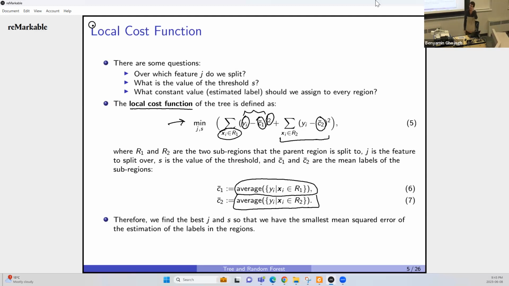For a feature J, I have n data points, each of which has a feature J. It means that I have n values for feature J. It means that I have only n intervals, right? So x1, x2 until xn.